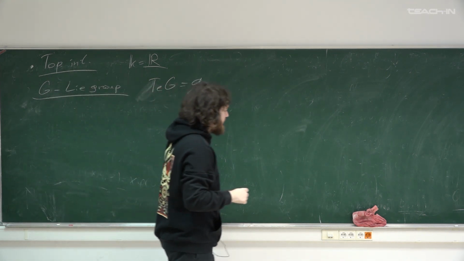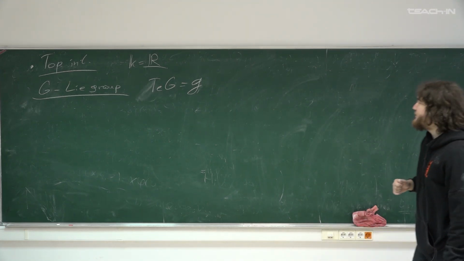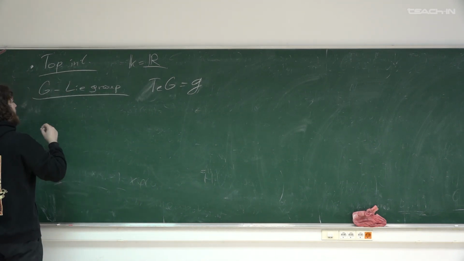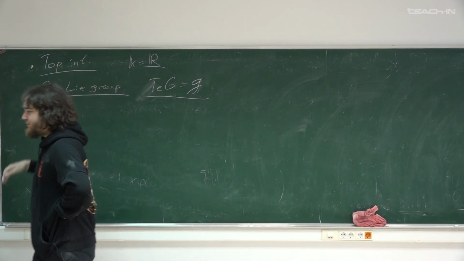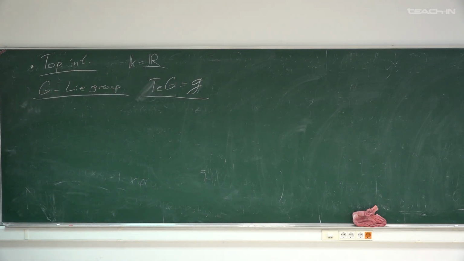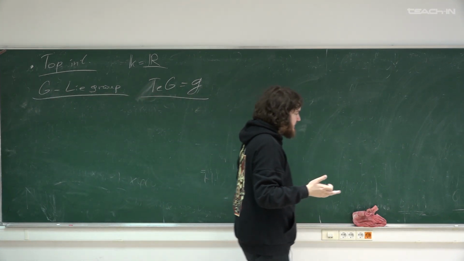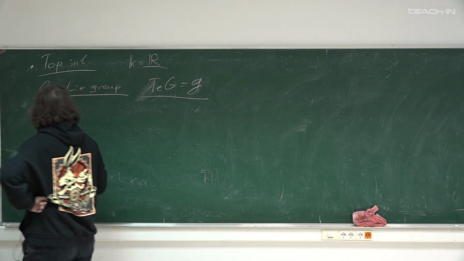For any Lie algebra, there exists a Lie group such that it's the tangent space over real numbers. Such a Lie group is not unique, but if you consider a simply connected Lie group, then this Lie group is even unique, for example.